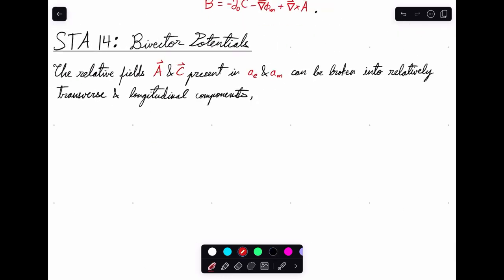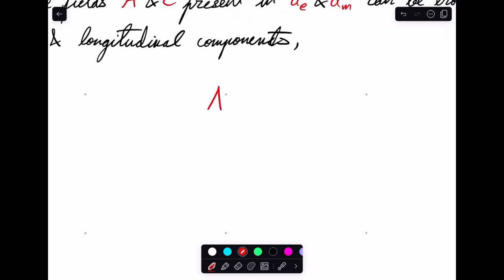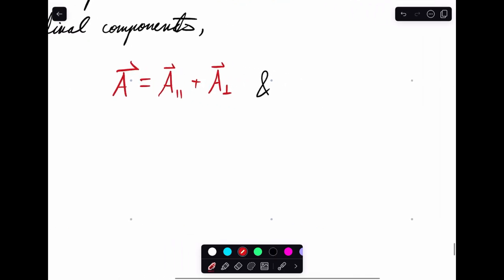So you can break A and C into longitudinal components and transverse. So A is A parallel plus A perpendicular, and C is C parallel plus C perpendicular.